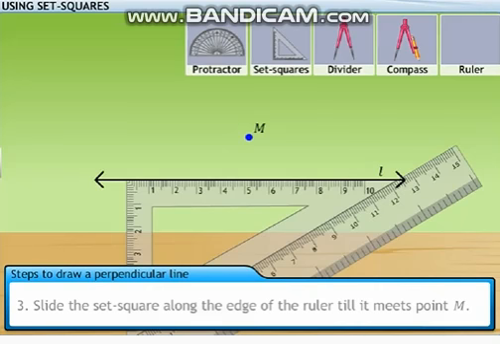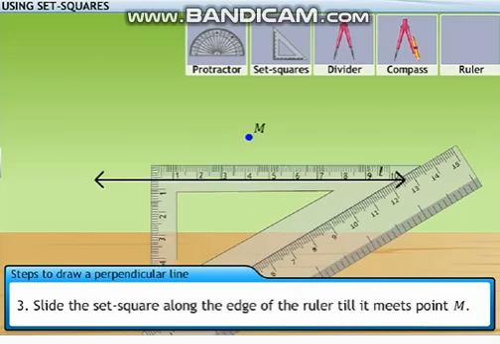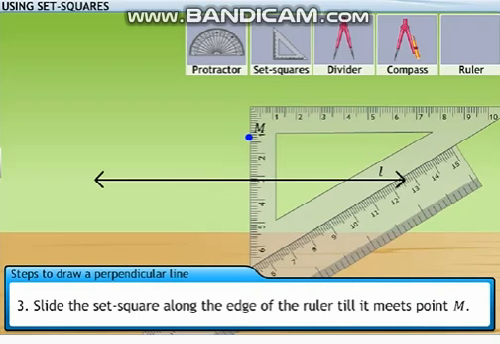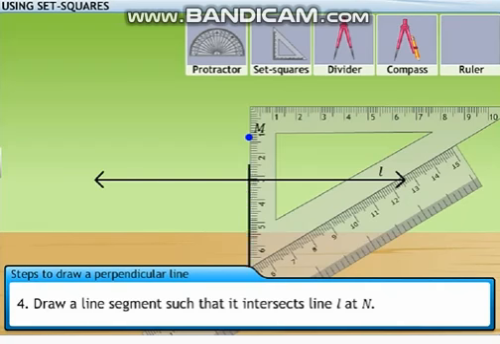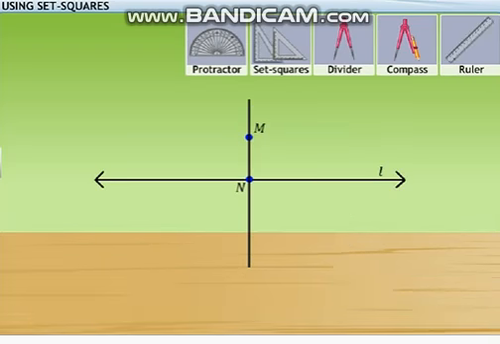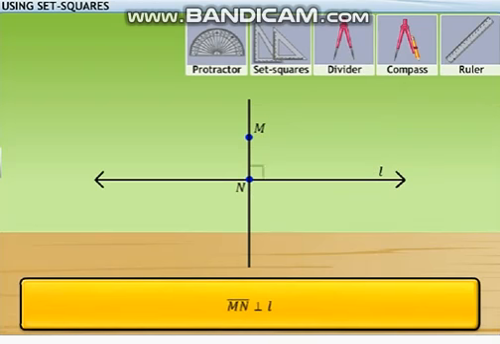Now, slide the set square along the edge of the ruler till it meets point M. Here, you must ensure that the position of the ruler is not changed. Finally, draw a line segment such that it intersects line L at N. Line segment MN is the perpendicular line to line L.